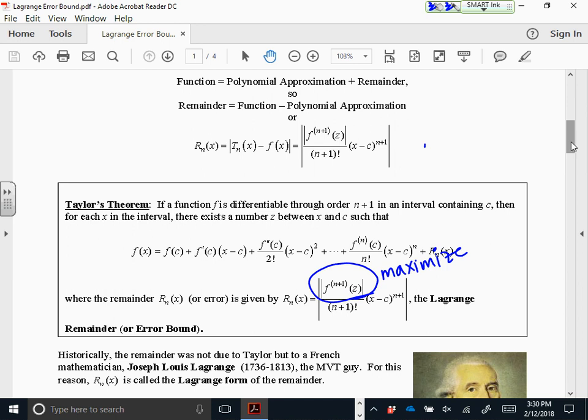So we need to think about this z in the interval x to c or c to x, depending on what we're looking at here. What would be the maximum derivative on that interval?